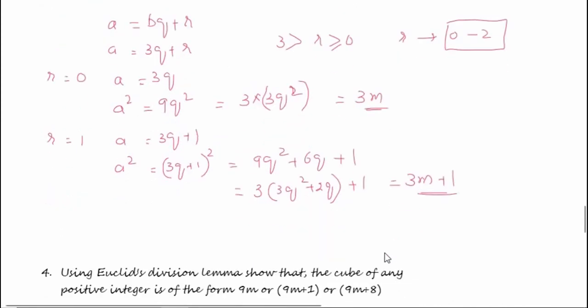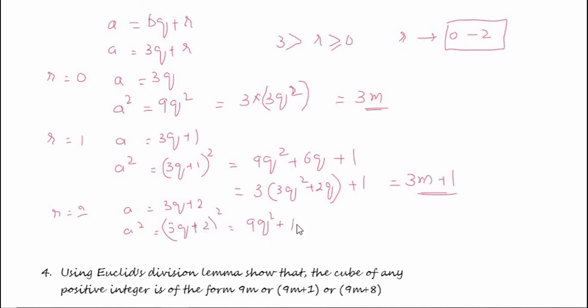Now going further, when r equal to 2, a equal to 3q plus 2, therefore a square equal to 3q plus 2 whole square, that is equal to 9q square plus 2 into 3q into 2, that is 12q, plus 2 square, that is 4.